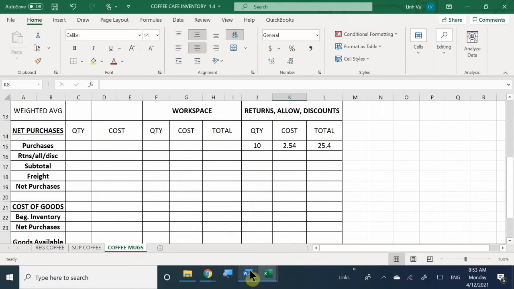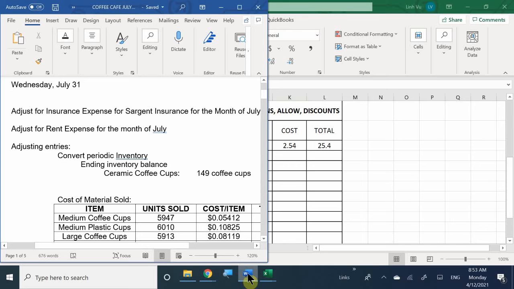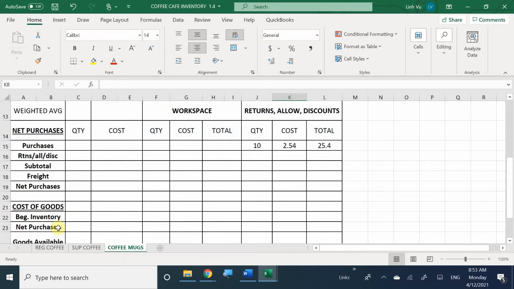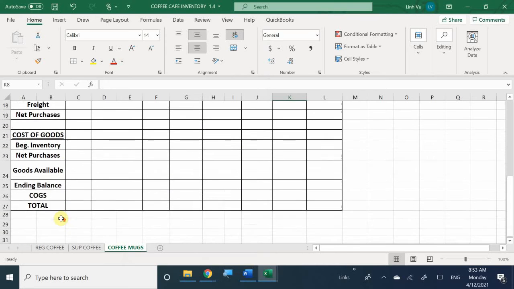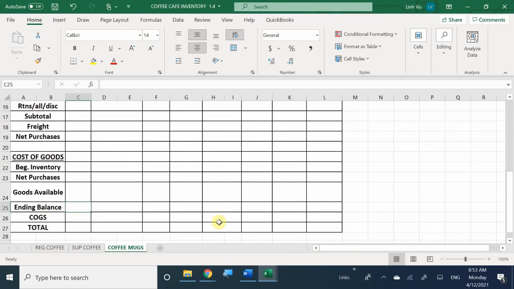What did my scenario say? How many cups do I have remaining? 149. We have 149 cups remaining. So that means my ending balance is going to be 149. Okay?